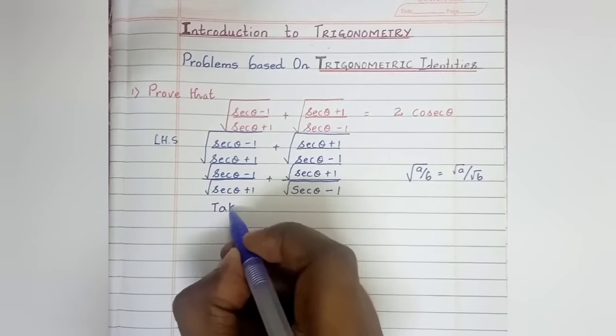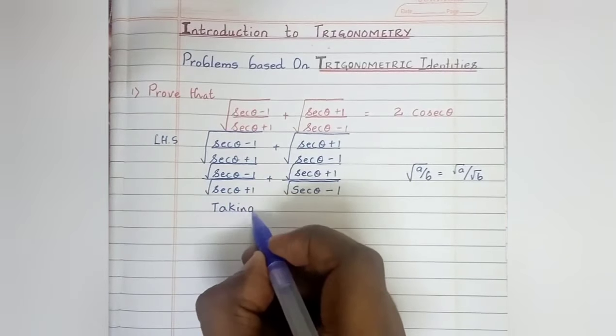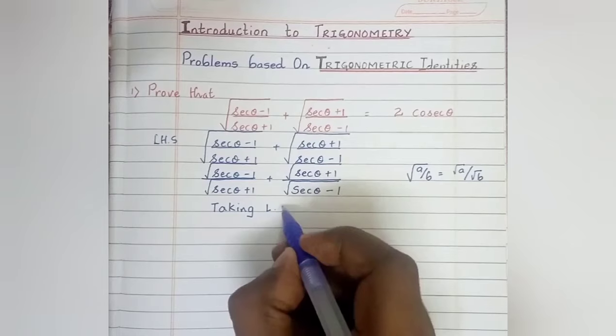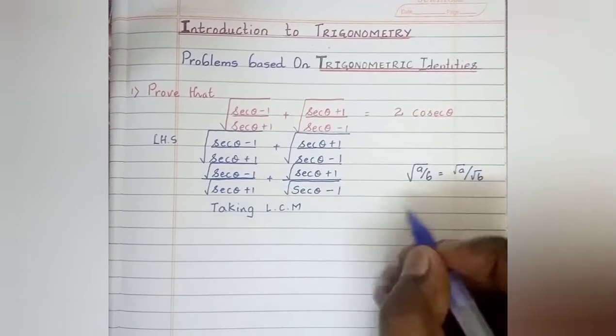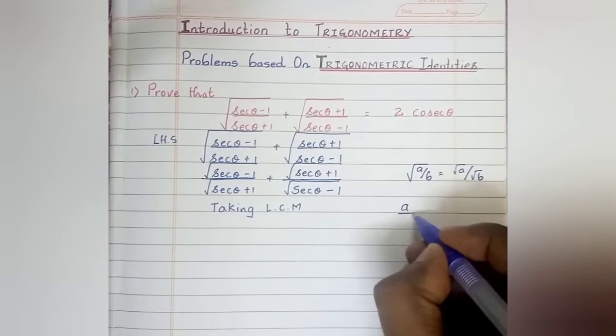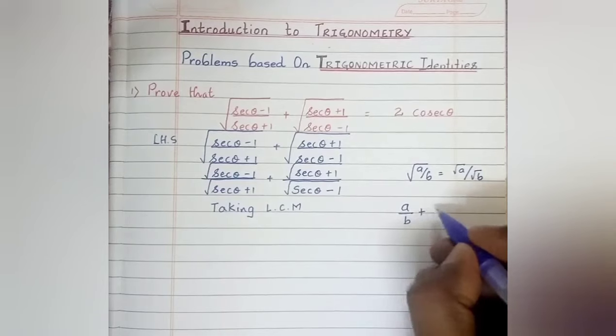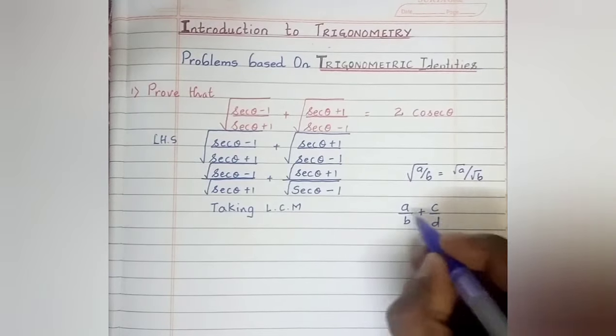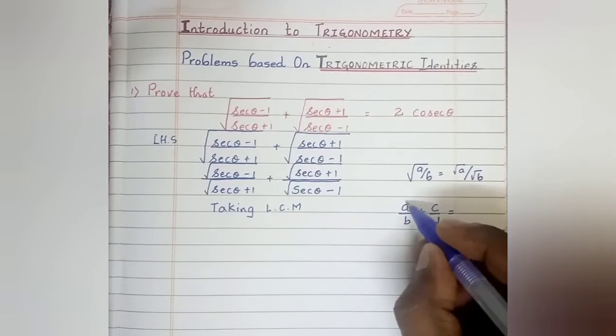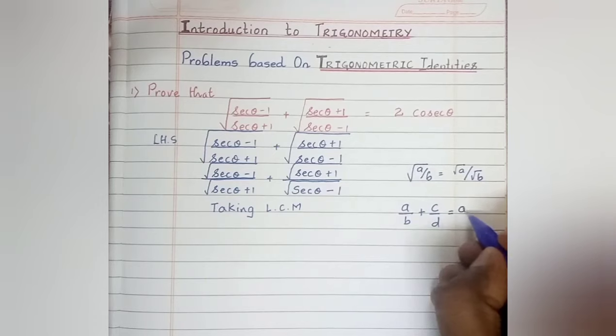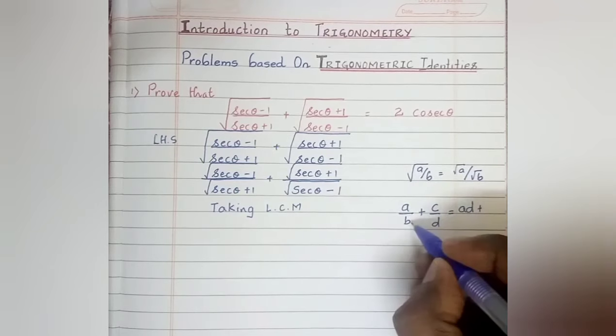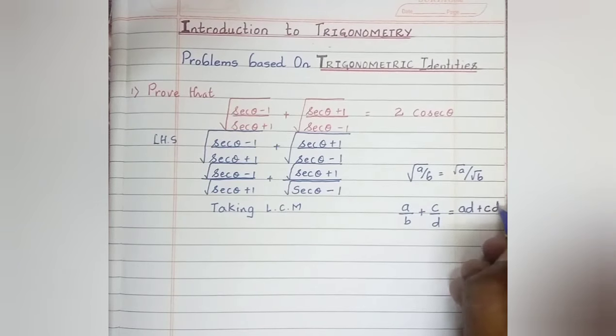Now the next step is taking LCM. Now consider a by b plus c by d. Now taking LCM, what you need to do is the butterfly method, that is AD plus CB.